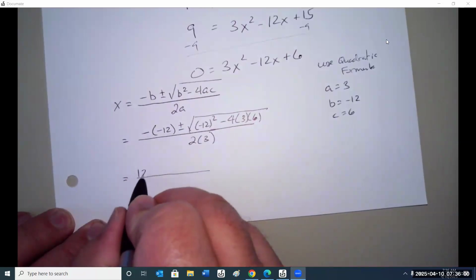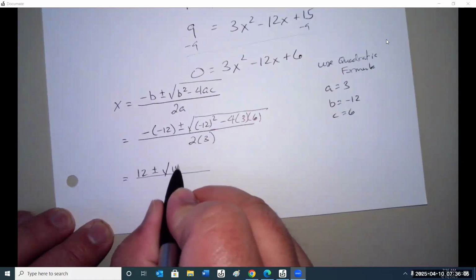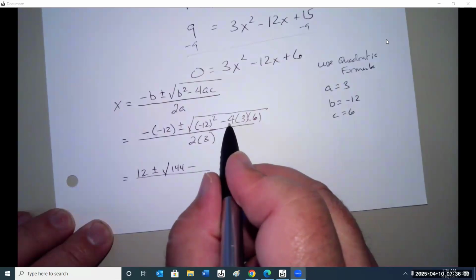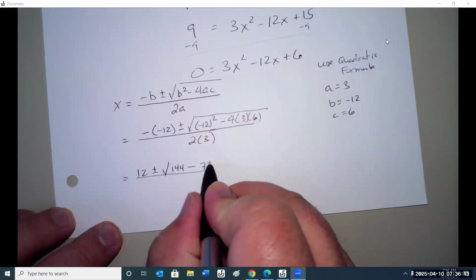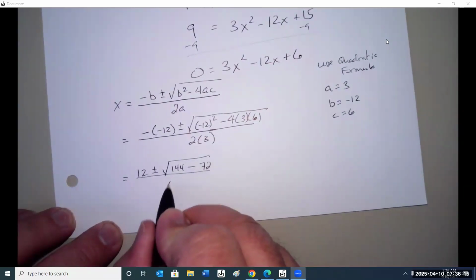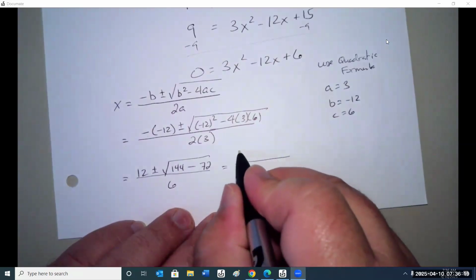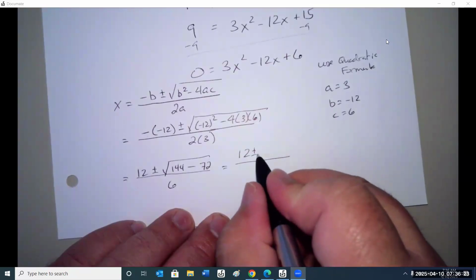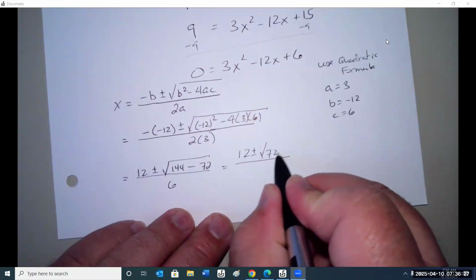Negative, negative makes it a positive 12. Negative 12 squared is 144. 6 times 4 is 24. Times 3 is 72, over 6. So we have 12 plus or minus the square root of 144 minus 72, which is 72.